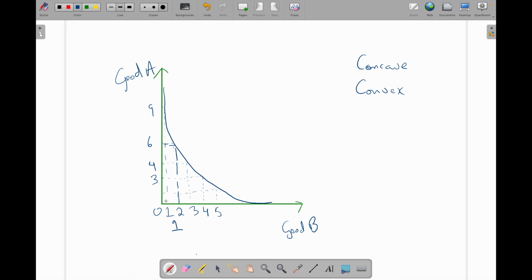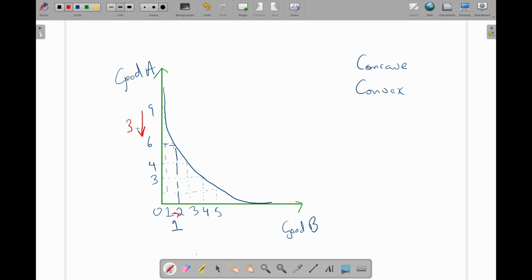What do you give up in order to gain 1 additional unit, assuming this economy is operating on the production possibility frontier? Well, you lose this amount, and let me switch that to red so it's a little more visible. You lose this amount in order to gain this amount. You've given up 3 units of good A in order to get 1 unit of good B. That's your opportunity cost. Nice.